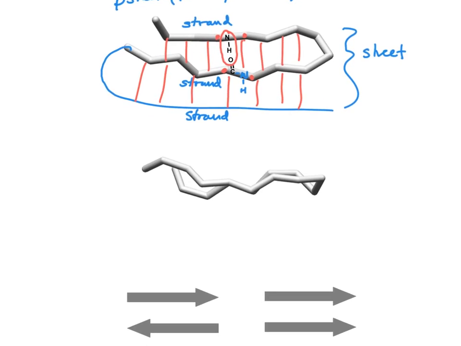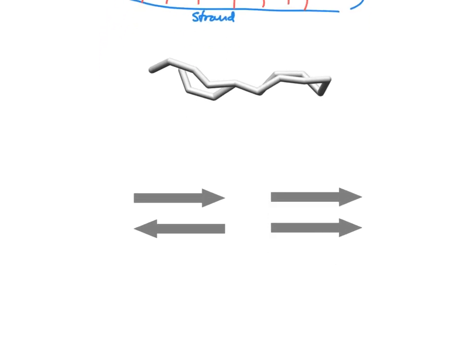Okay, what I'd like to do now is go down toward the bottom of the page and point out that we can have two different types of strand interactions in beta sheets, and they're both about the same stability, and they're both found in about equal numbers. Let's acknowledge that each strand has a directionality.